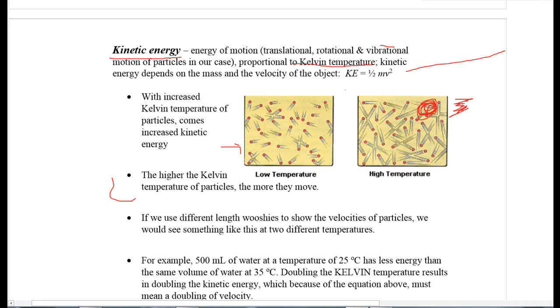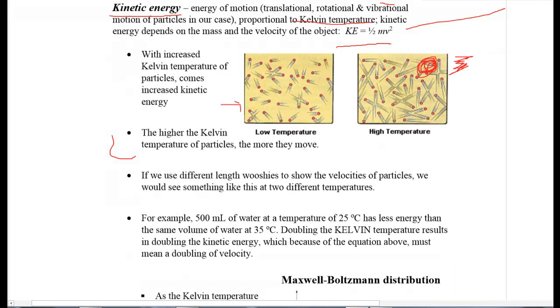And the formula, as you probably know, for kinetic energy is 1/2 mv squared, where m is mass and v is the velocity, measured in meters per second. Okay, so if we draw the whooshes, we'll see the longer or the faster speed, more kinetic energy.